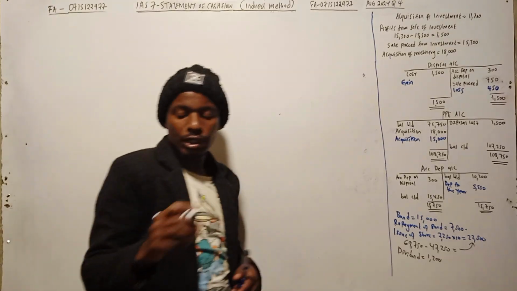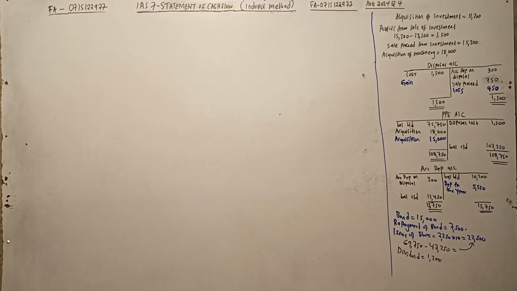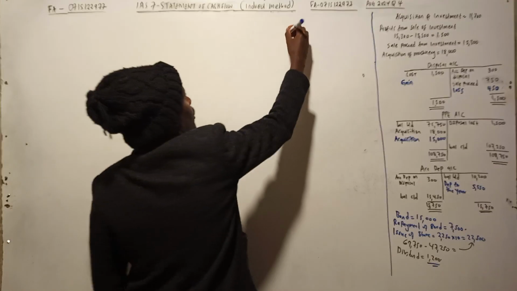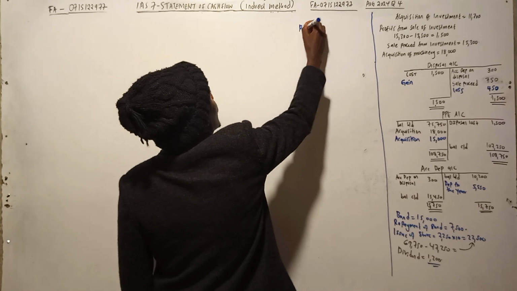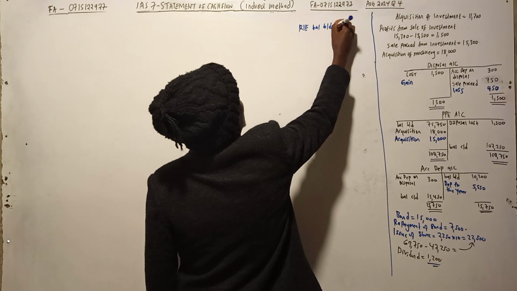For dividend paid, you are supposed to take the retained earnings at the beginning, and you add profit after tax. So if you want to know whether this dividend paid of 1,200 is correct, you take the retained earnings, balance brought down, the balance at the beginning.